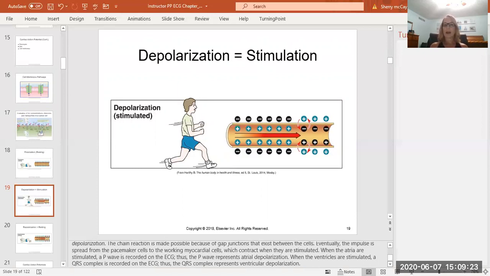Thus, the QRS complex represents ventricle depolarization. Okay, so the P represents atrial depolarization, and the QRS represents ventricle depolarization.